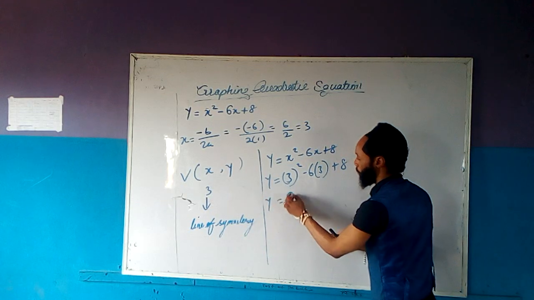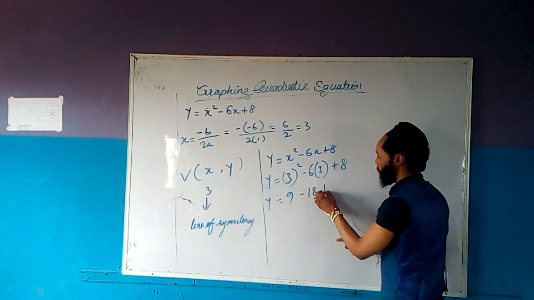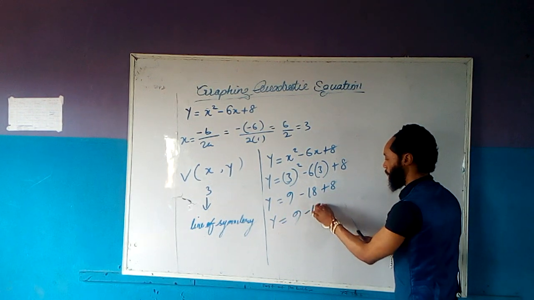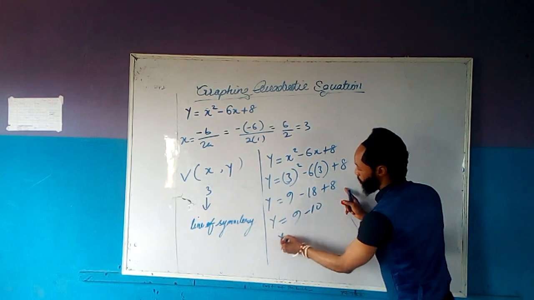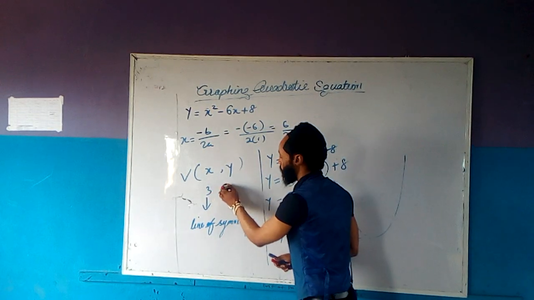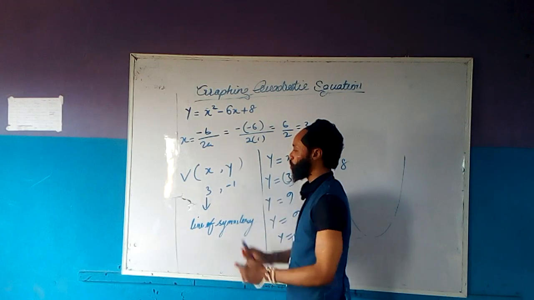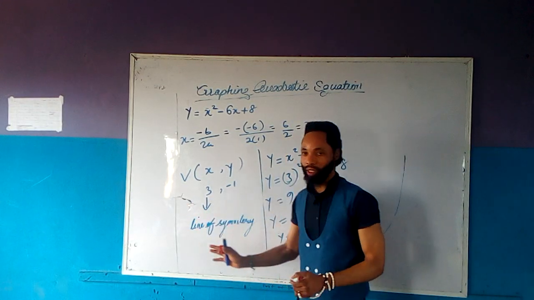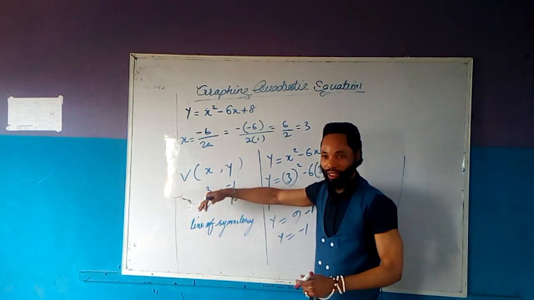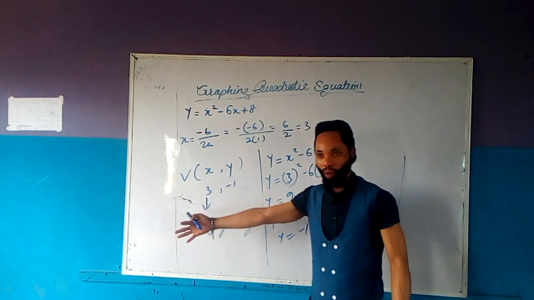This is 9 minus 18 plus 8, so 9 minus 10, which is negative 1. So our y coordinate is negative 1. We can use this to generate everything we need, so this is what we need to generate our points.